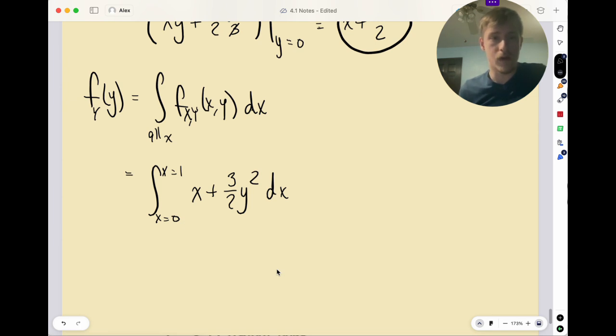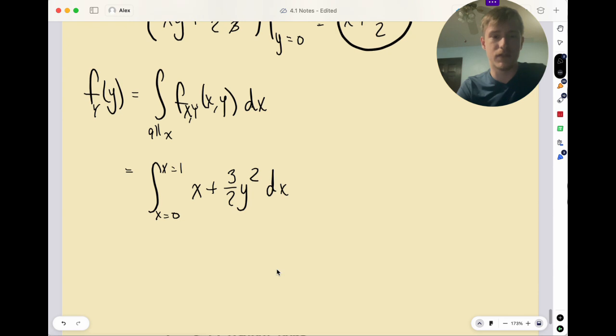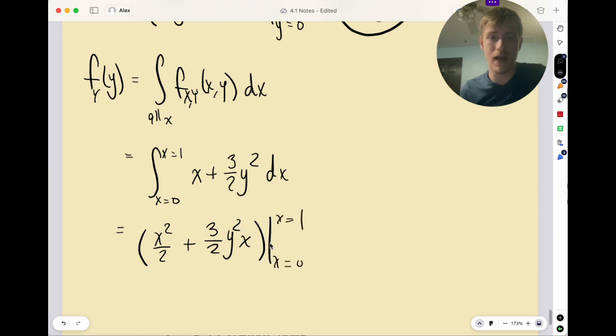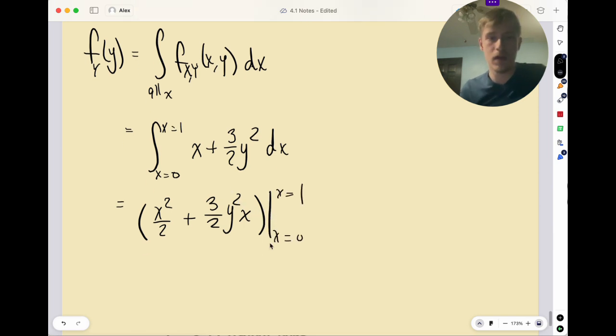That's going to be x squared over 2 plus 3/2 y squared x, because the second term is a constant in x and just picks up an x. We're evaluating that from x equals 0 to x equals 1. That's just going to be 1/2 plus 3/2 y squared.